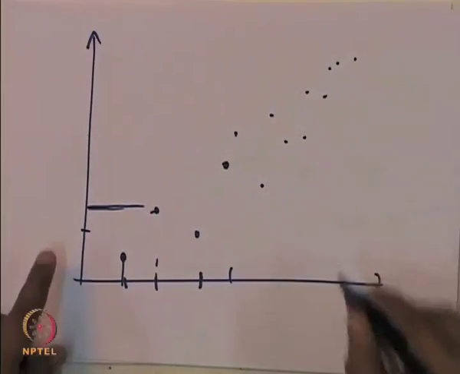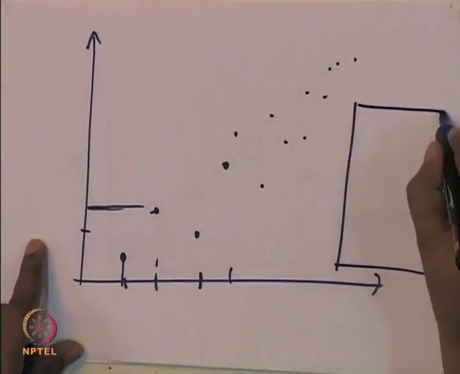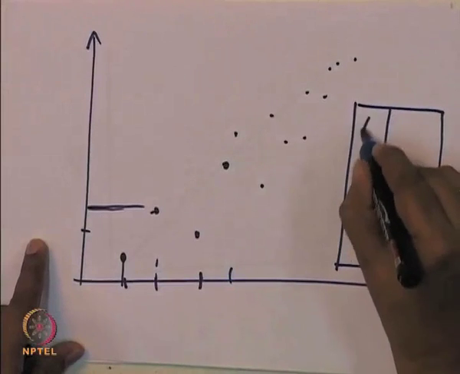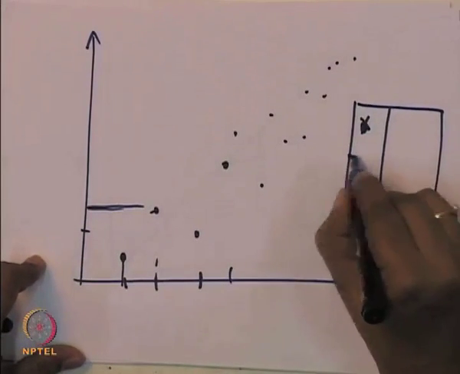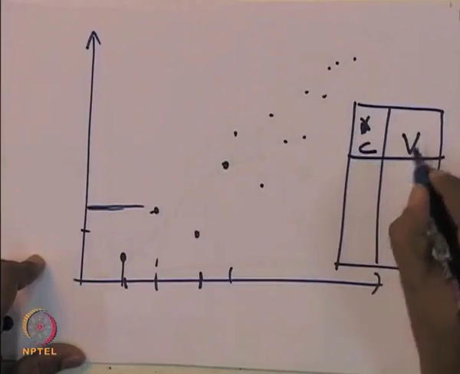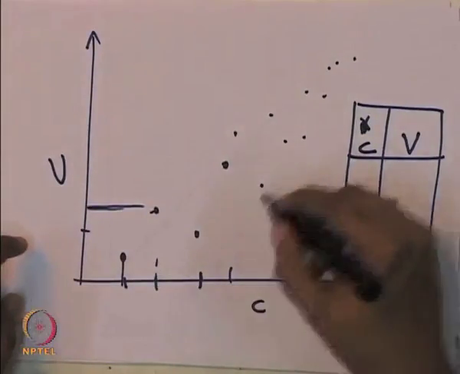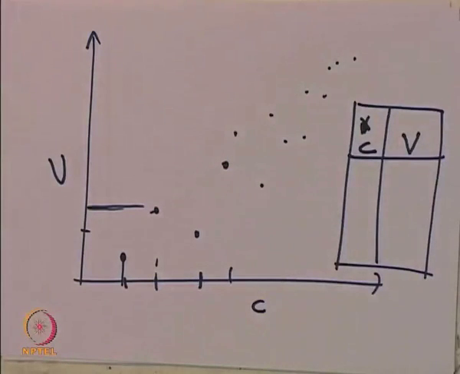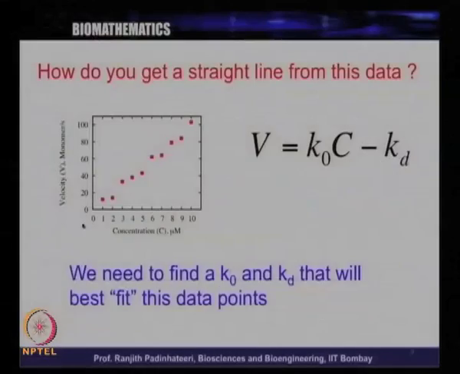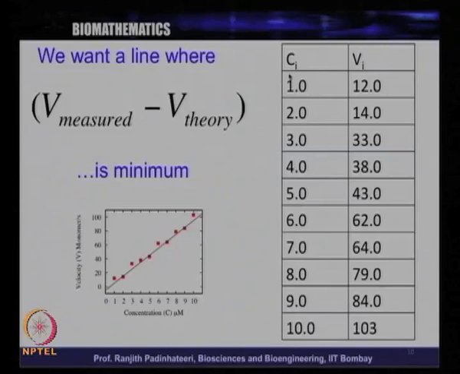So, essentially what you have is a table: x, which is the C, the concentration here, and the velocity. For every concentration, there is a velocity value you get from experiments. The table looks like this. This table you get from experiment, that is, there is a Ci and a Vi.